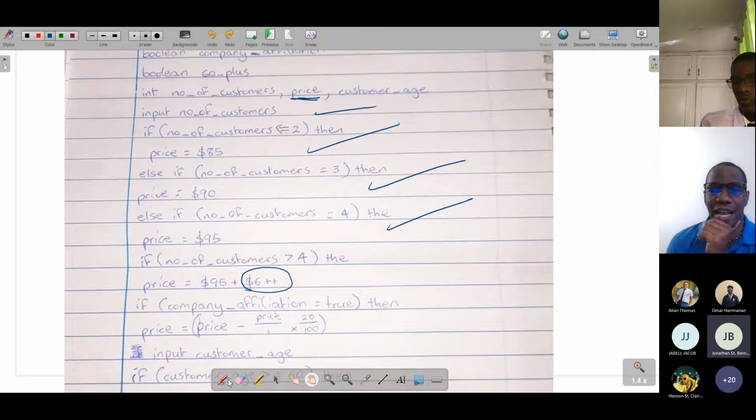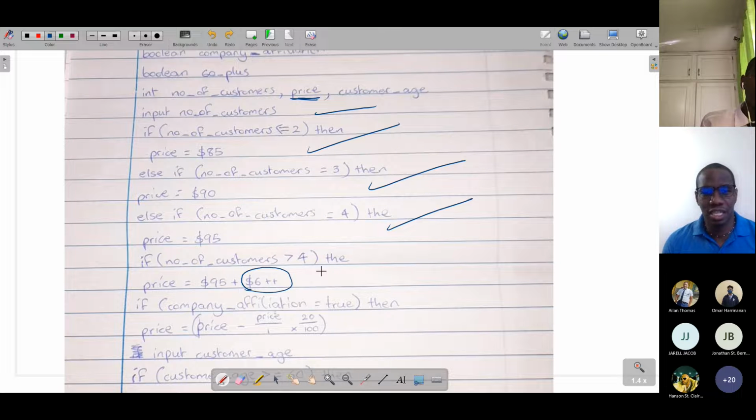Right, but we have to do that using a mathematical expression. So we can say $95, and don't put the $ actually, okay? Because we don't use the $ to, so we store in the price just as 90, 85 as the integer value, right? Or the real number value. So this should have been real.